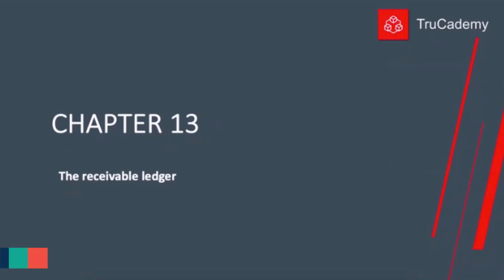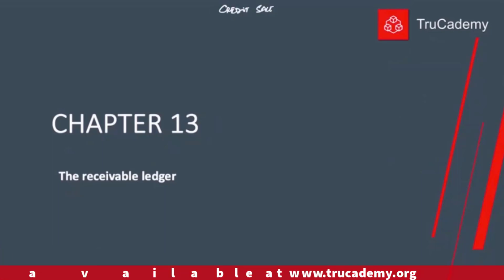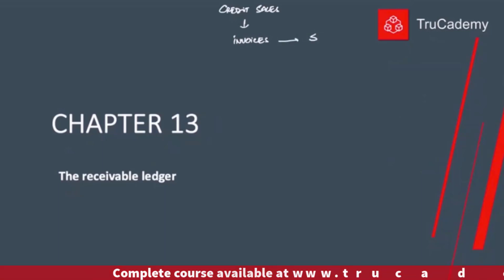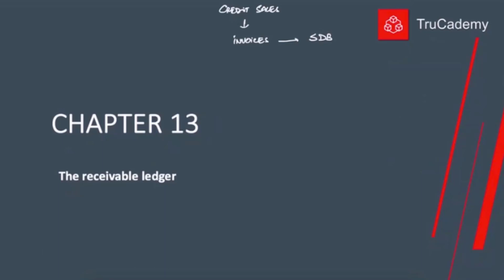Alright, now let's start with chapter 13, the receivable ledger. In the previous chapter we have seen that whenever we do credit sales to our customers, we will issue invoices to our credit customers, and these invoices we will record in sales day book.